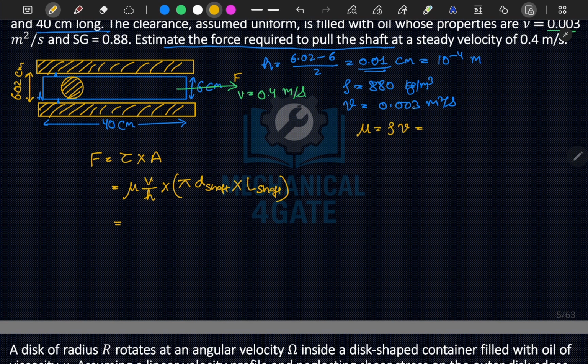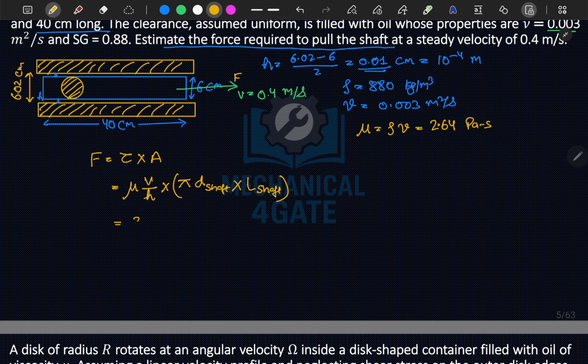If we multiply these two terms, we obtain 8 threes are 24, so to two decimal places this will be 2.64. This is in Pascal second.